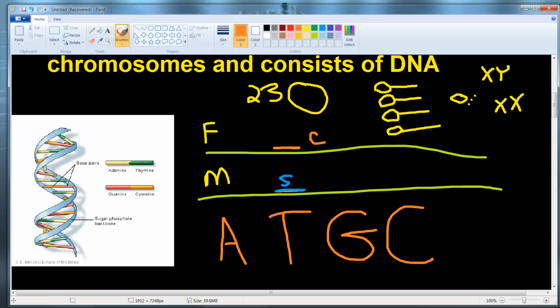So the DNA structure then consists of a double helix of 2 strands. So here you can see one strand of DNA, and here's the other strand of DNA.